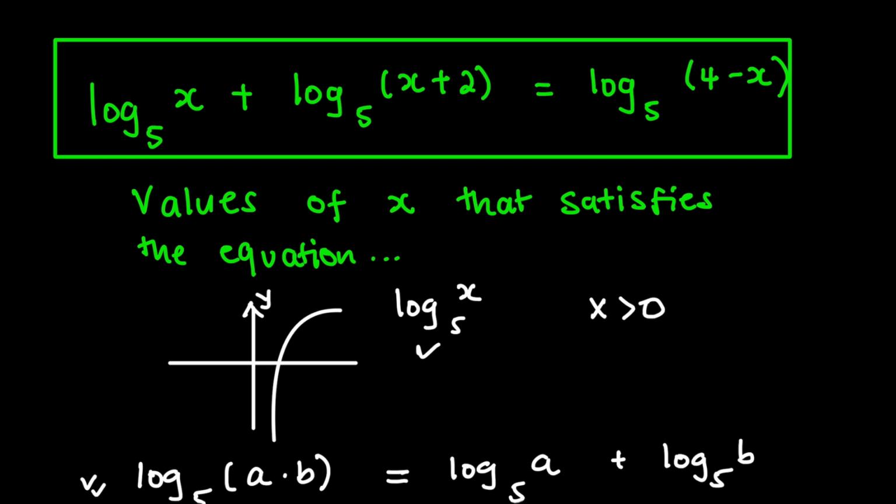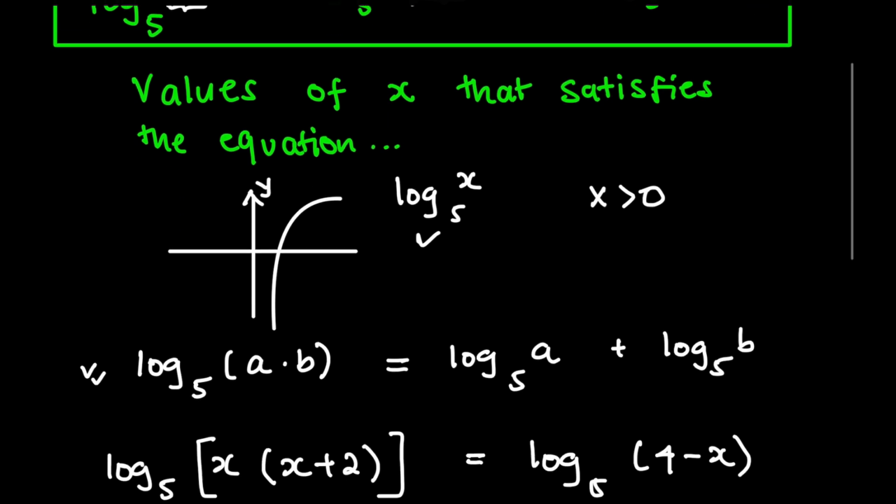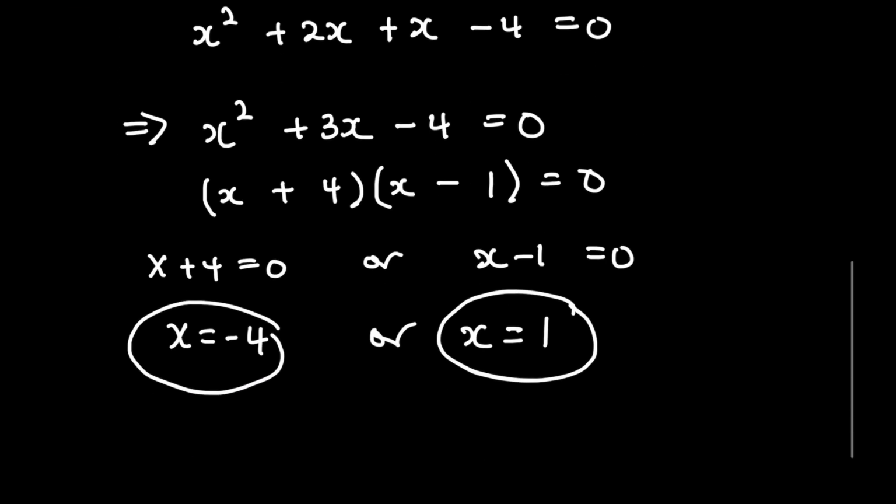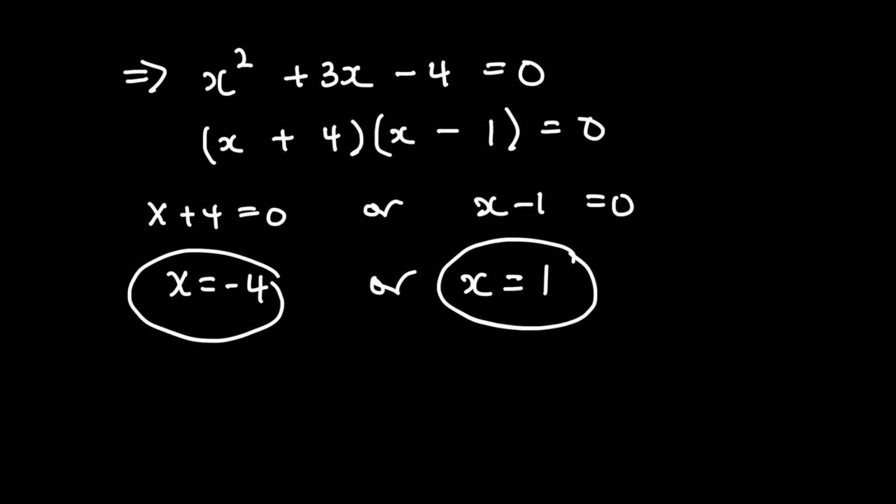So this portion should be greater than 0, this portion should be greater than 0, and this portion should be greater than 0. In order for us to be certain about that, that only happens when x equals 1. So the other value is not applicable.